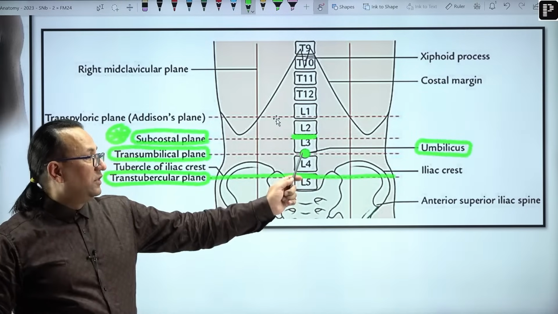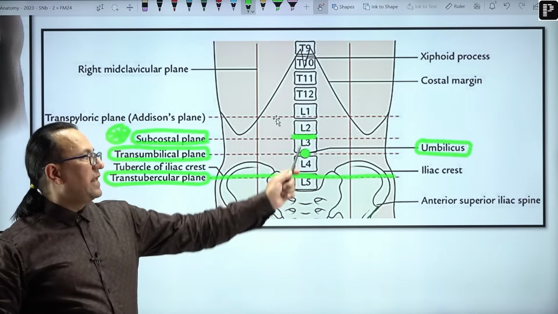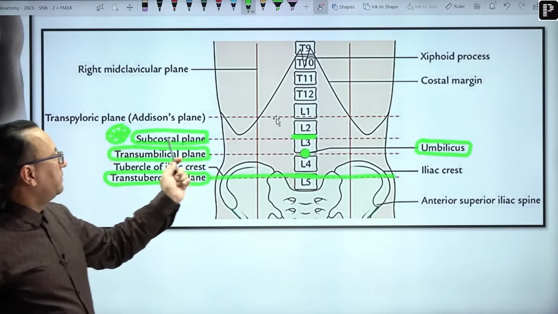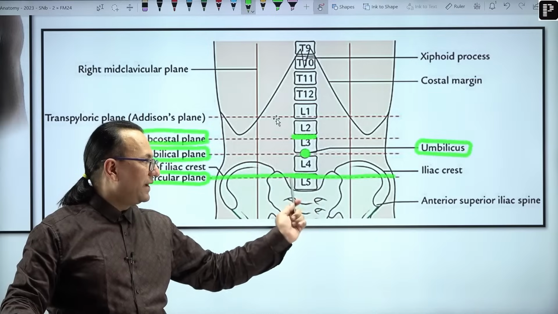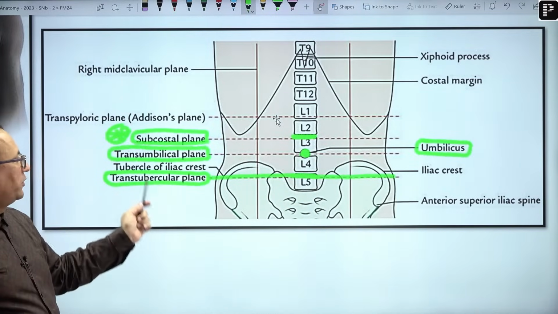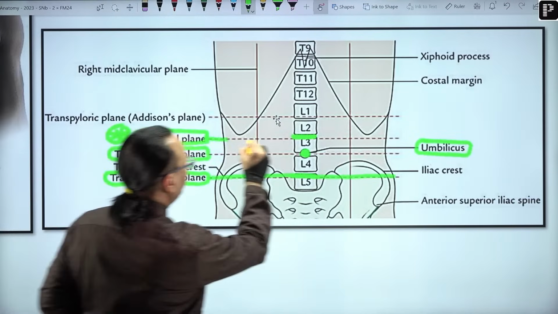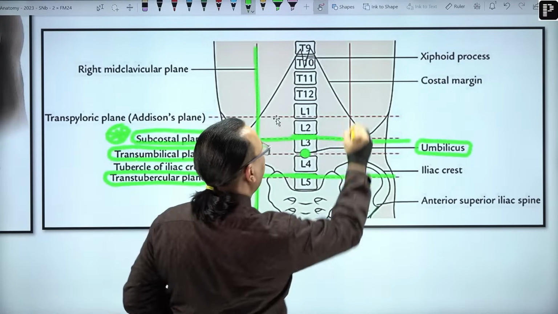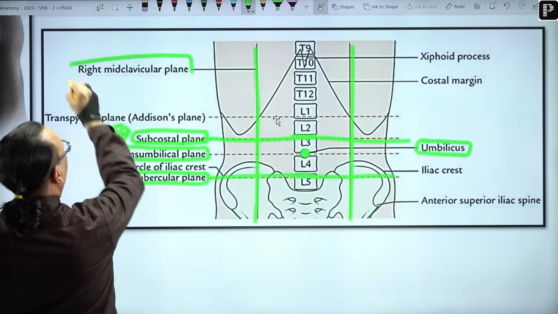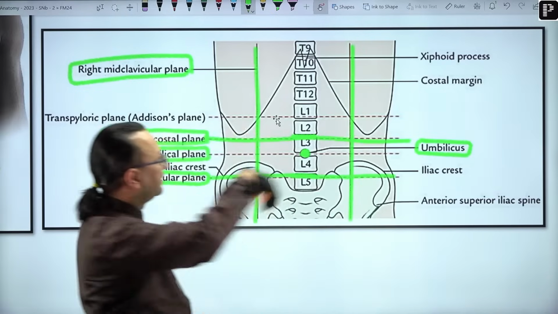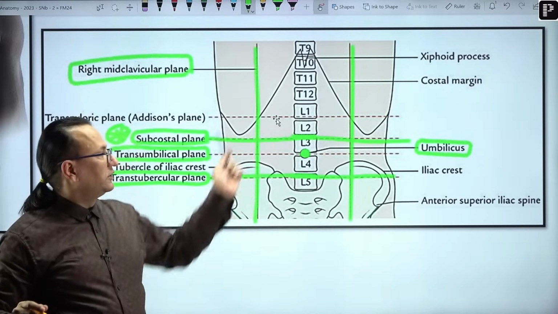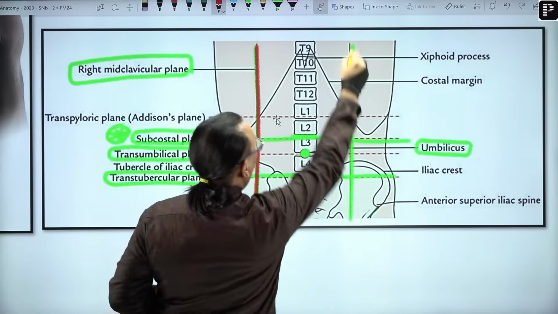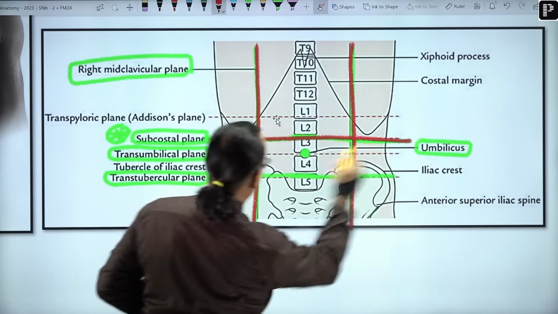So these are the planes which normally we are using. Midline, this is the mid-clavicular line right, and this is mid-clavicular line left. So total 9 quadrants. If I make it the other color, maybe to make it more evident.